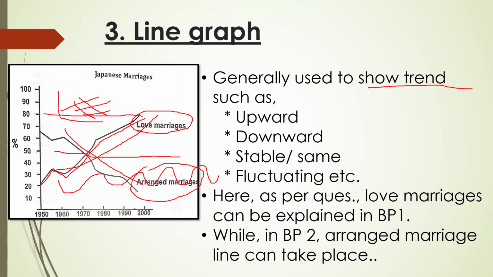Opposite to this, people were least interested in arranged marriages, right? In 2000, it was only 15%, right? The trend started from 65 and reached 20, 15% only, right? So, like this, you can explain the lines in two BPs.